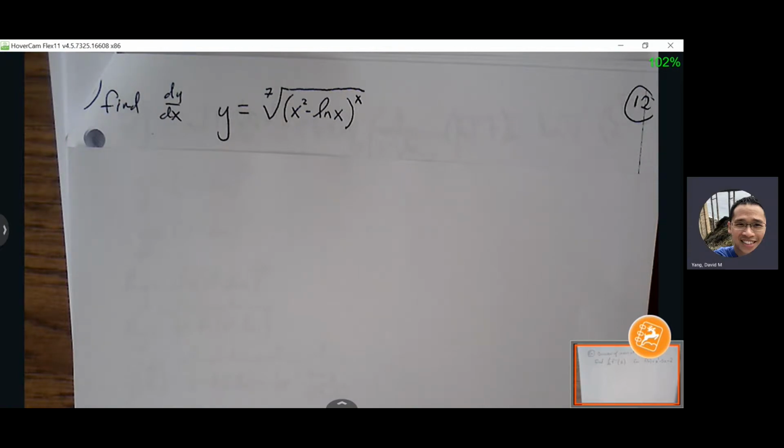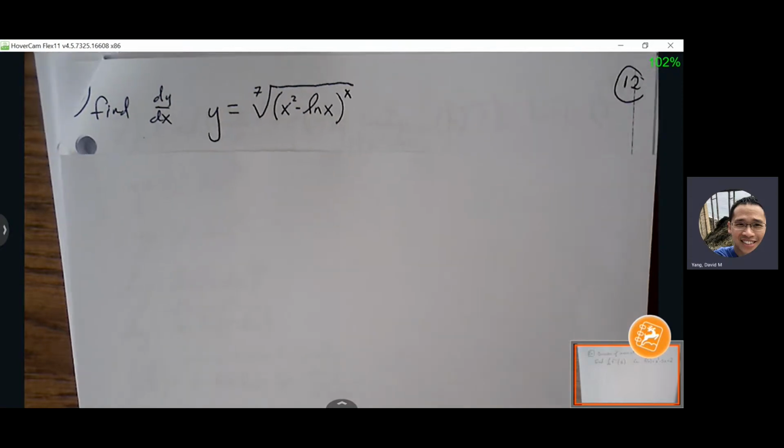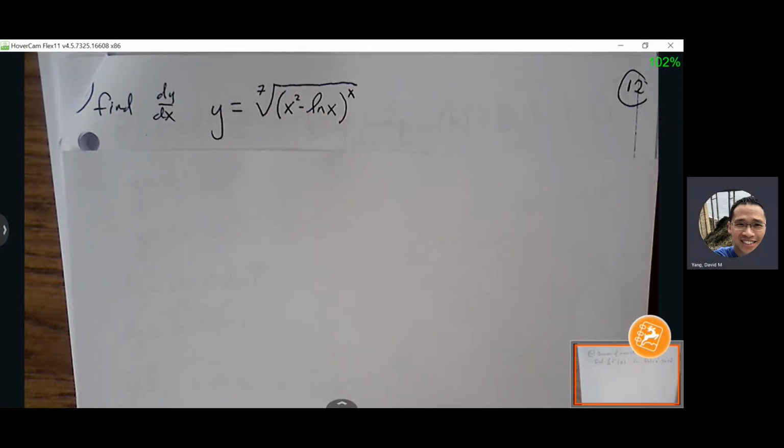First things first, let's go ahead and rewrite this problem so we can see this maybe a little more clearly. How can we rewrite this problem? Yeah, to the power of 1/7. I can merge the 1/7 and x and make it 1/7 x, or x over 7.